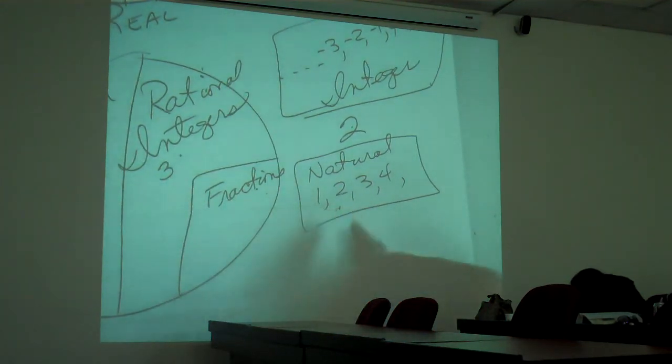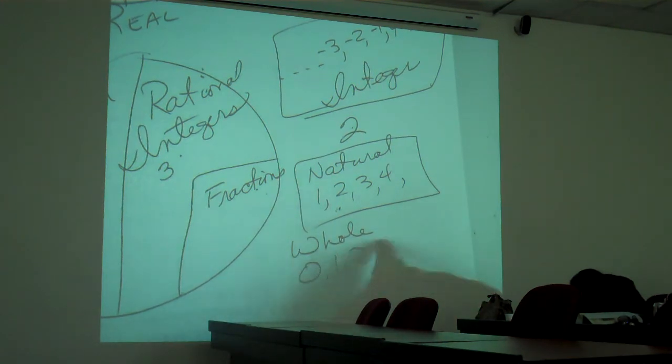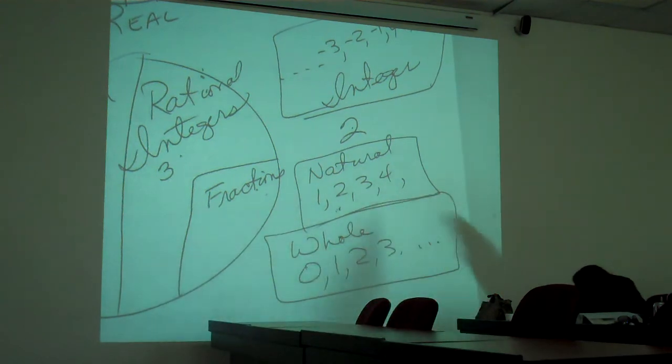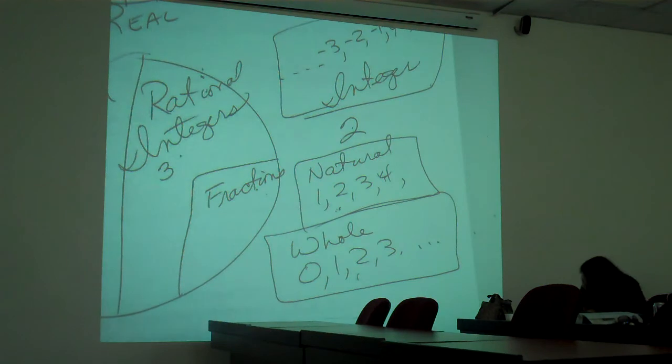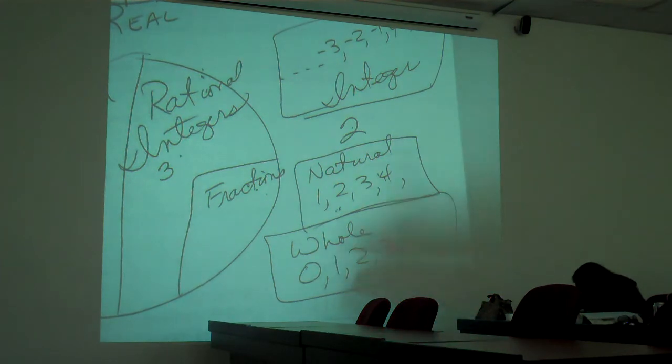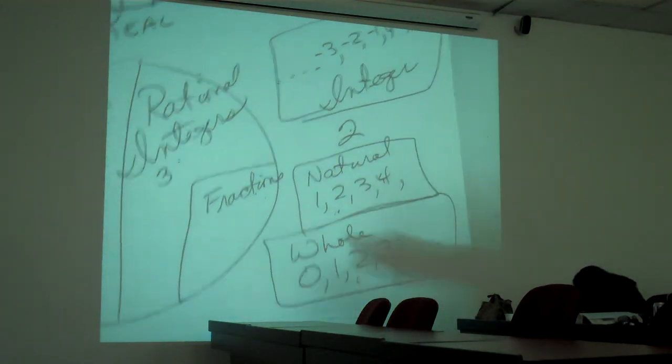It's the same numbers as these, except you start at 0. 0, 1, 2, 3, and it keeps going. These don't have any negatives. The integers have all the negatives. Since we're doing real numbers, that includes everything. That includes all the negatives, positives, and the square roots.